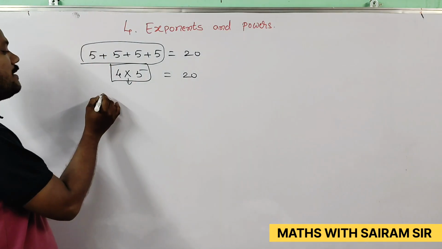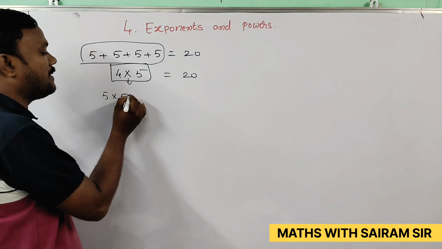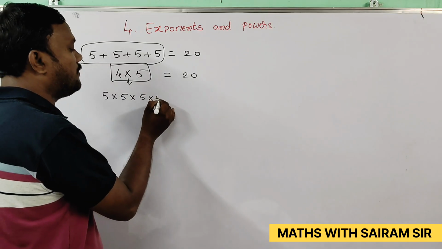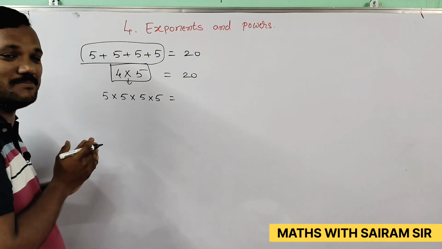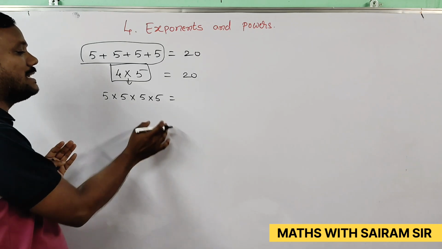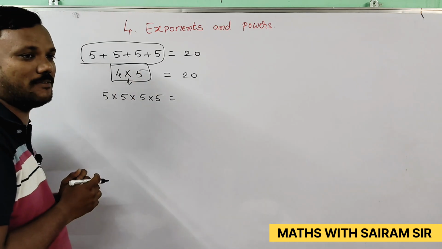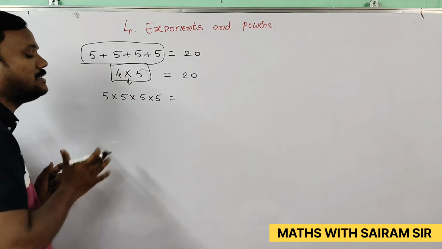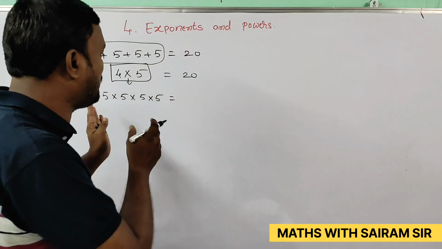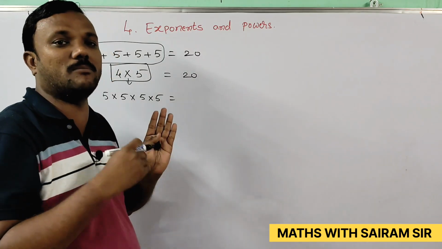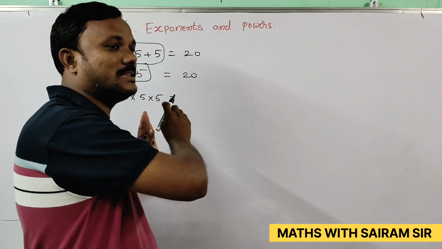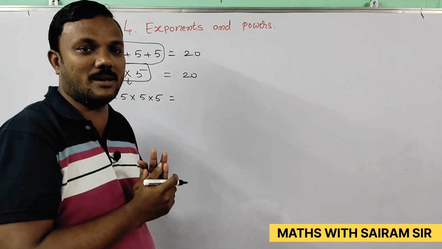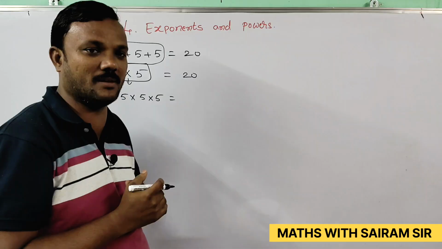But if I want to multiply 5 by itself 4 times, that represents a repeated multiplication of the same number by itself. Do we have any shortcut to write that? Suppose I want to multiply 5 by itself 20 times; instead of writing 5 twenty times, do we have a shortcut?